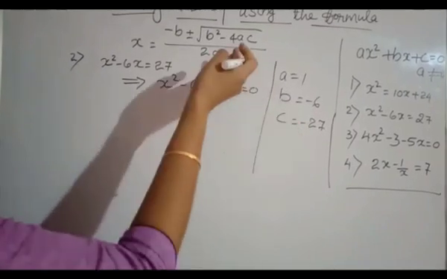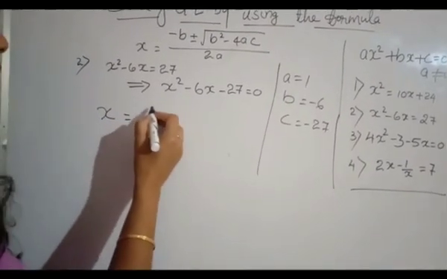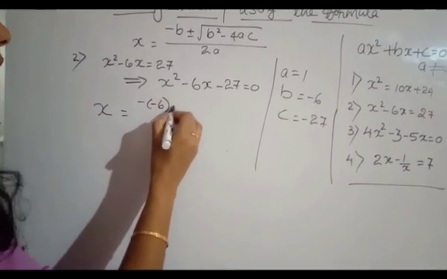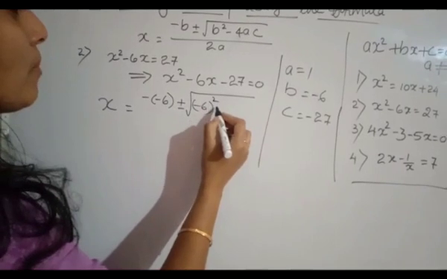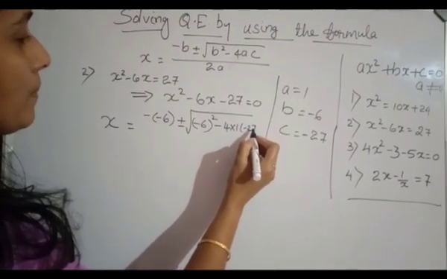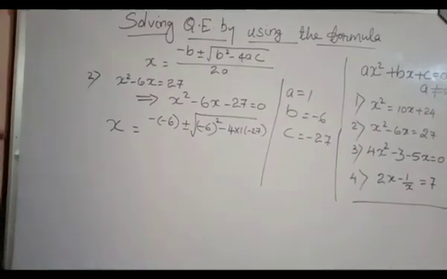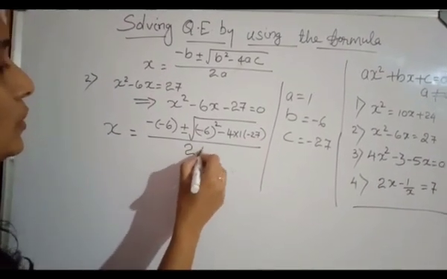Substitute these values in the equation. You will get it as x is equal to minus of minus 6 plus or minus root of minus 6 the whole square minus 4 into 1 into minus 27, whole divided by 2 into 1.